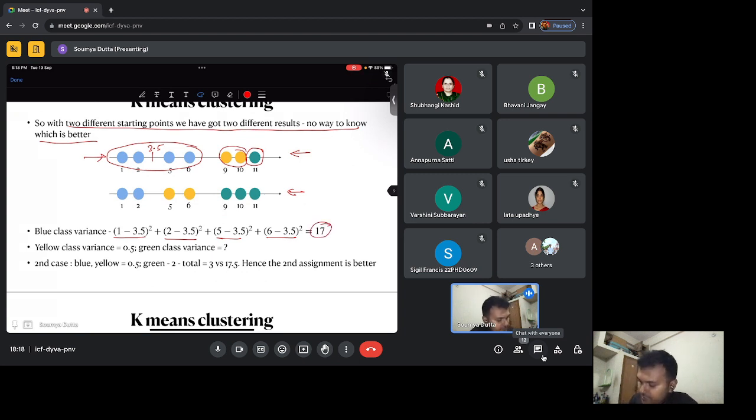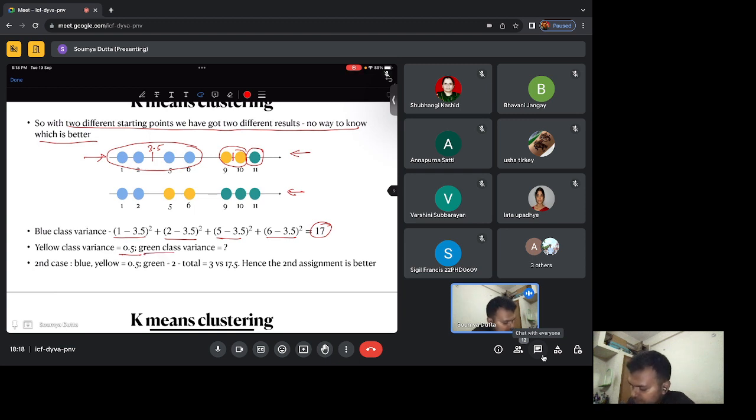So this is the variance of the cluster which has all the blue points in it. The variance of the yellow cluster, you can calculate, comes out to be 0.25.